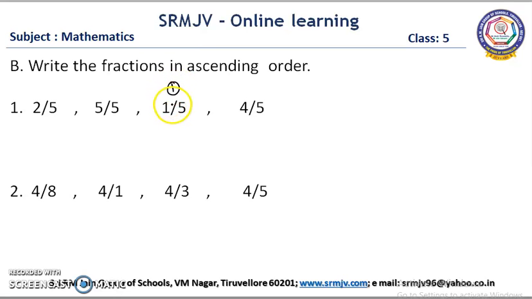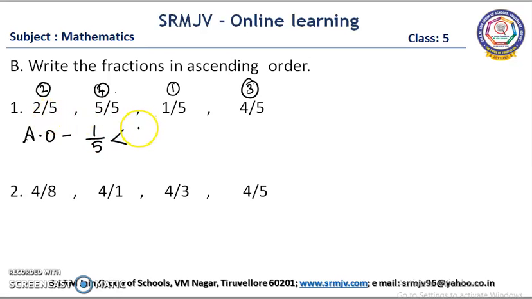So this is the first smallest fraction. Then 2 is the smaller. Then 4 is the greater. And 5 by 5 is the greatest fraction. Now we have to arrange the fractions in ascending order. The first smallest fraction is 1 by 5.